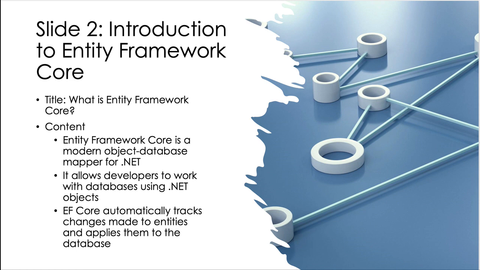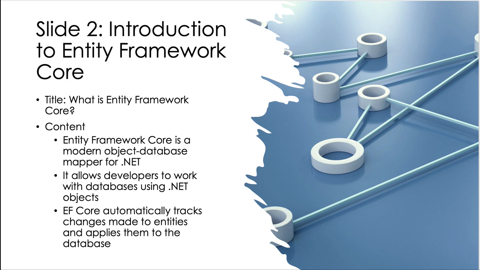So now what exactly is change tracking? In EF Core, change tracking is a mechanism that tracks changes to entities. It helps EF Core manage persistence, ensuring any changes you make in your code are reflected in the database.